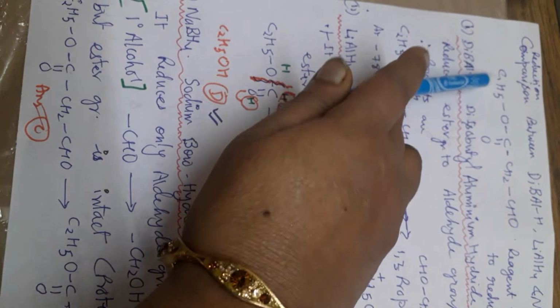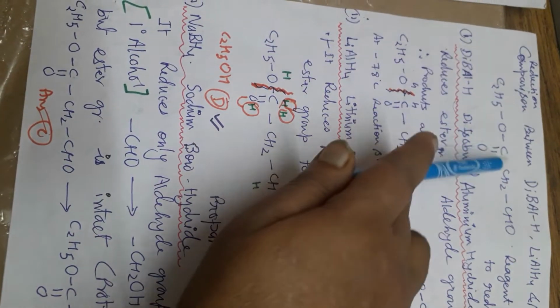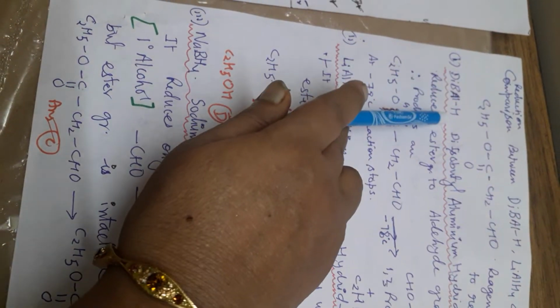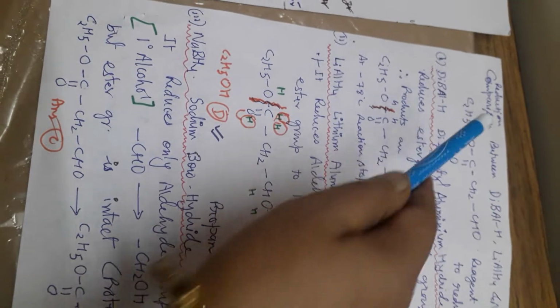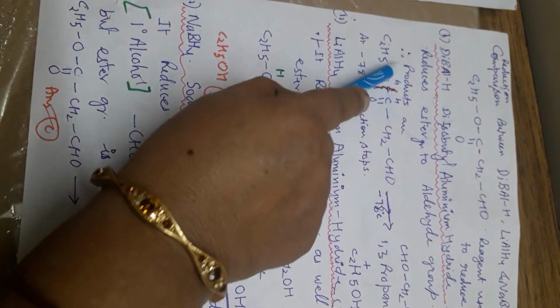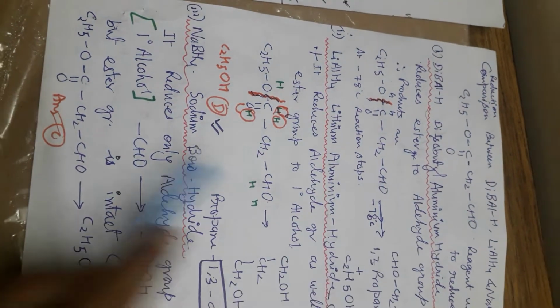Now comparison. See here, C2H5O, this ester group is there, and CH2, this aldehyde group is there. The reagent we are using here is DiBAl-H. Since we know that DiBAl-H is a weaker reducing agent as compared to LiAlH4, this ester group is only reduced to the aldehyde group. Clear?